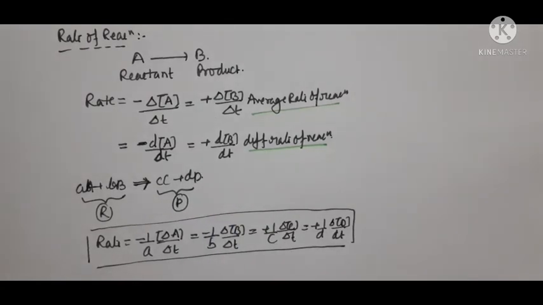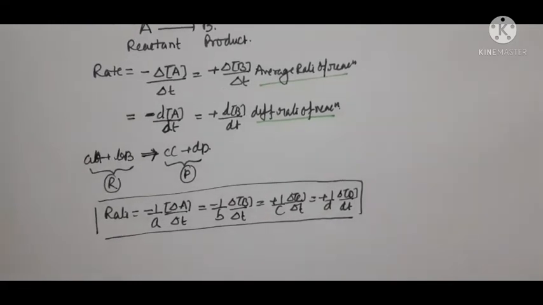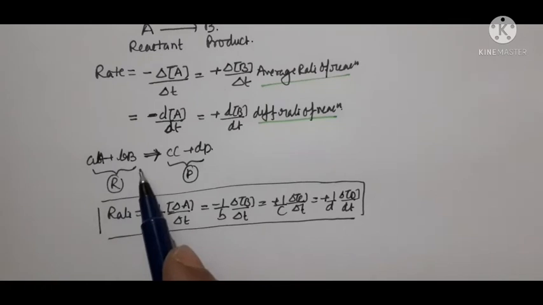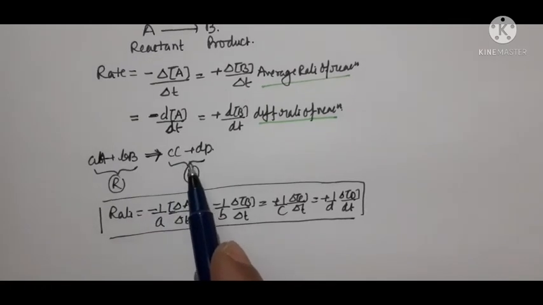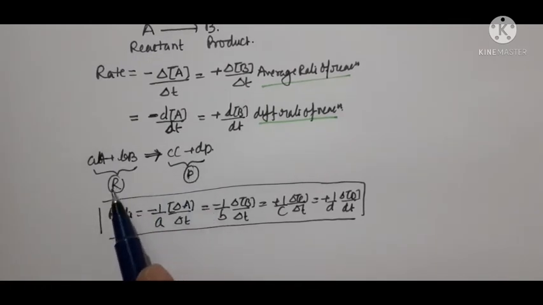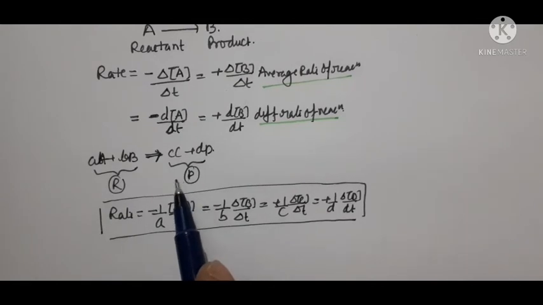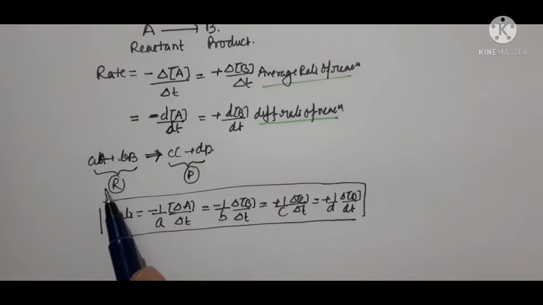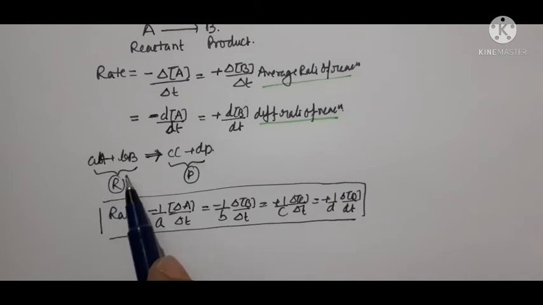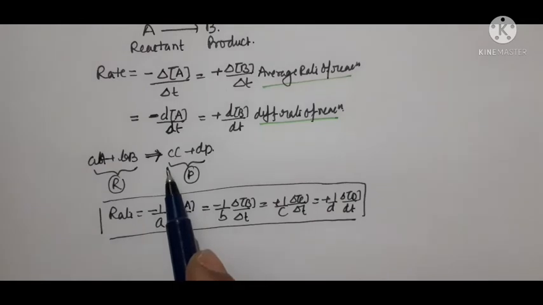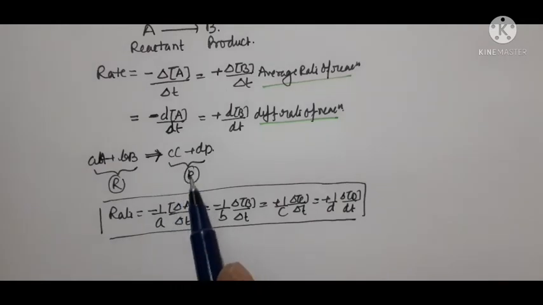Now here you can see another example: aA plus bB gives cC plus dD. This part is considered as reactant and this part as product. On the left hand side the coefficients are a and b, and on the right hand side the coefficients are c and d.